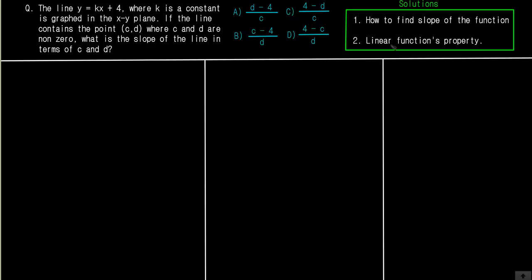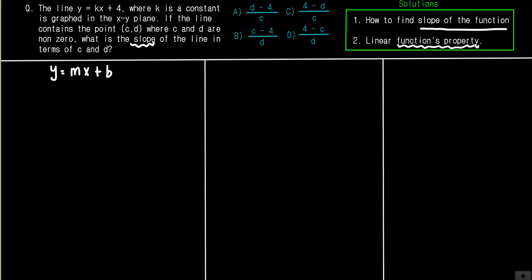At first, we need to think about linear function properties, which include how to find the slope of the function. Let's start with the basic format of a linear function: y equals mx plus b.